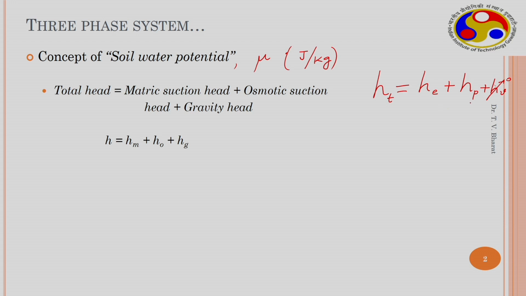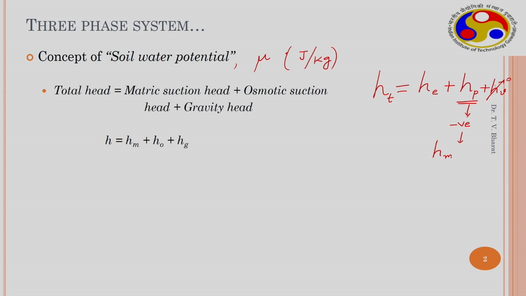But apart from this, the pressure head is negative in unsaturated soils, because the soil water pressure is negative. It comes from the matrix suction head plus the osmotic suction head.